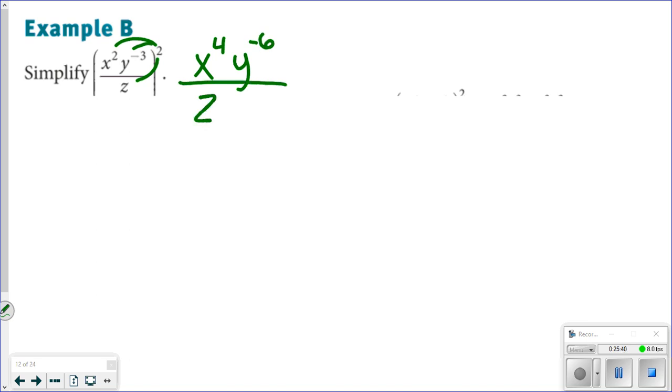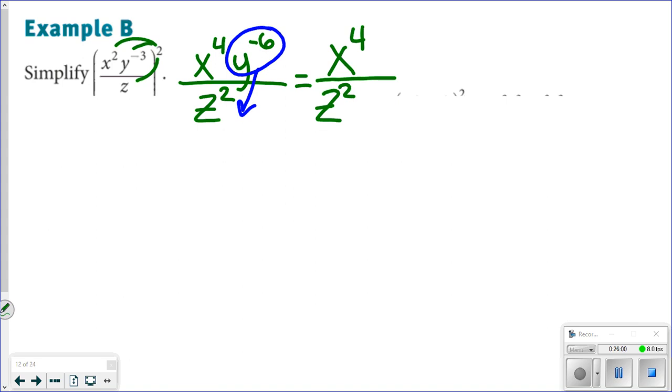Divided by z squared. And then we cannot have a negative exponent, so this needs to be moved to the denominator with the z, and it needs to be turned positive. X to the 4th stays where it's at because it's positive, it's happy. Z squared stays where it's at. It's positive, it's happy. This moves and turns positive. And that's our final answer.